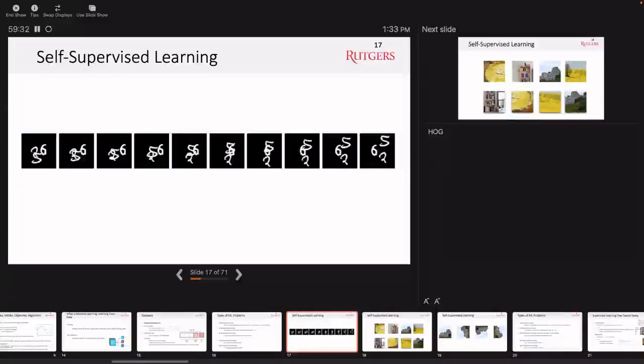You can even make the prediction on a rolling basis. Given the first 8 frames, you predict the last 2 frames, and then you can use all previous frames to make predictions even further into the future. So this also counts as self-supervised learning.